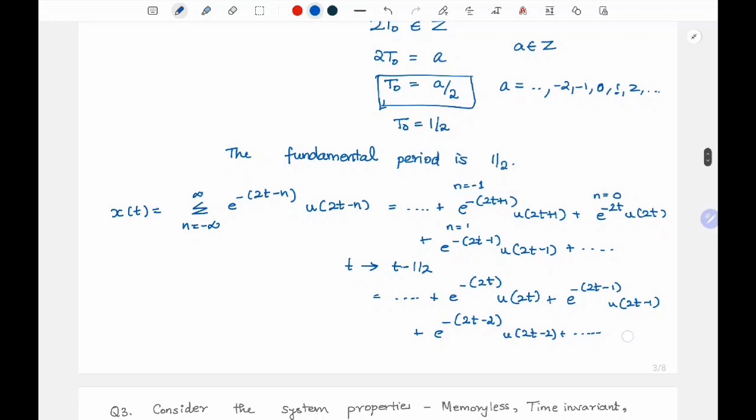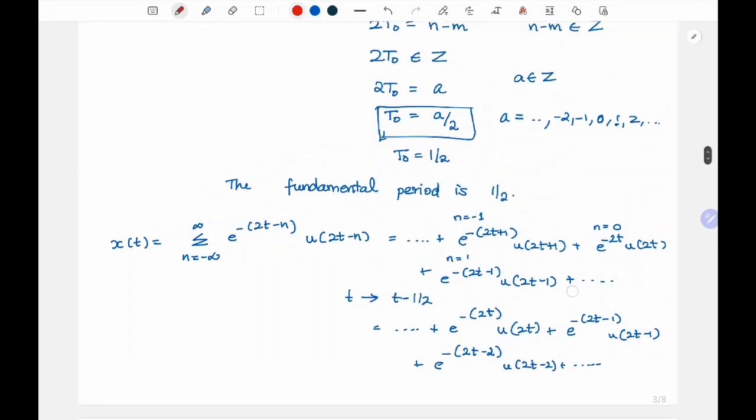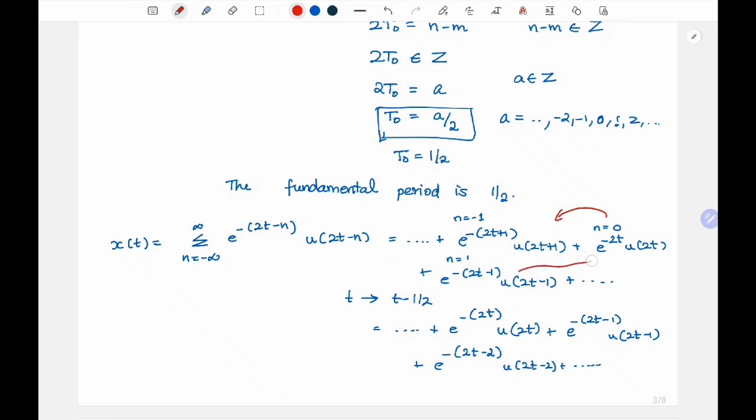So what do you observe? Everything has been shifted to the left, right? This has come here, this has gone here, correct? This is equivalent to n equal to 0, and this is n equal to 1, n equal to 2. So everything has moved left by 1 for t naught equal to minus half.